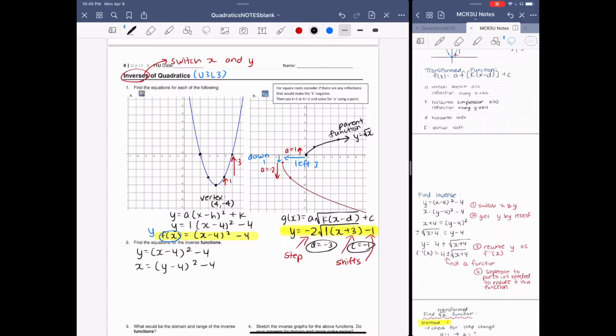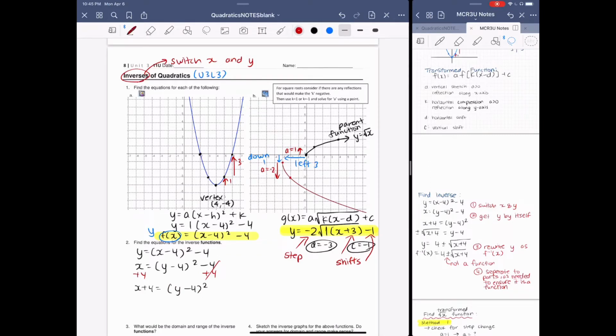My step says I need to get y by itself. So I'm going to move over that -4. It becomes +4. So I have x plus 4 equals (y minus 4) squared. I want to get my y by itself.